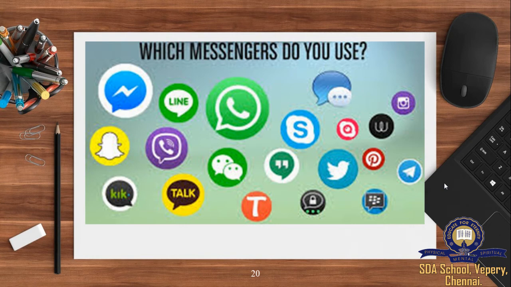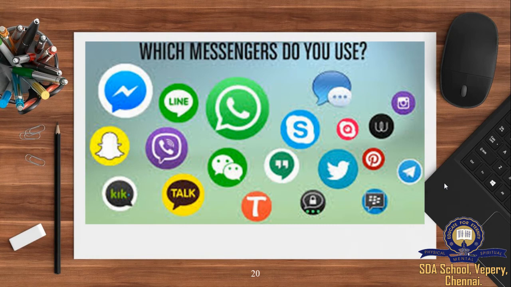What type of messages do you use on your mobile phone? Just think of it. WhatsApp is a messenger. Nowadays, you use WhatsApp to send messages, and not only messages: you can send pictures, documents, video files, audio files, anything, right? So WhatsApp is a messenger where you can send all categories.